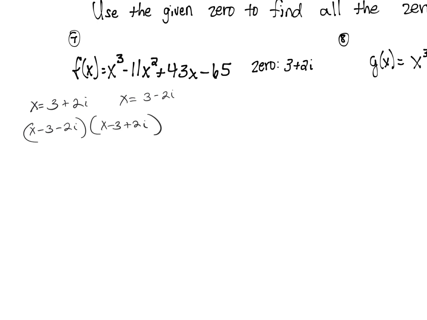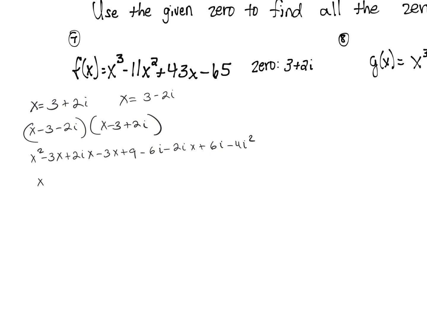I'm going to go ahead and FOIL them. So we're going to get x squared minus 3x plus 2ix minus 3x plus 9 minus 6i minus 2ix plus 6i minus 4i squared.